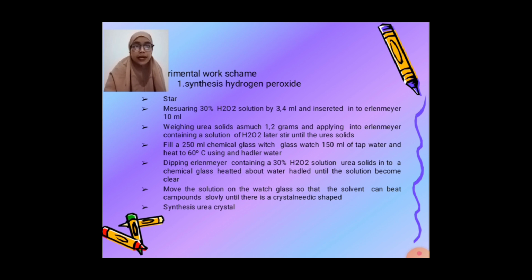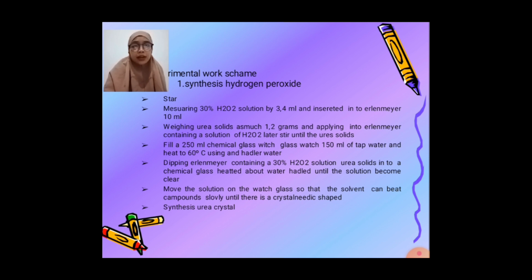Later, stir until the urea solids dissolve. Fill a 200 ml chemical glass with 100 ml of tap water and heat to 60 degrees Celsius.